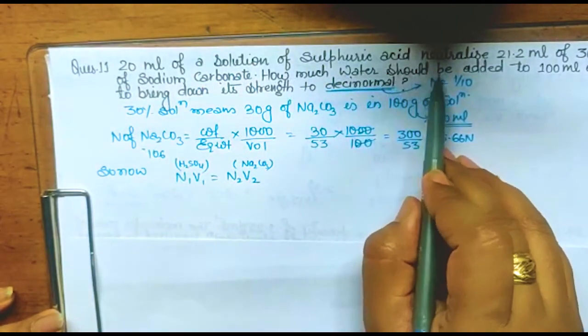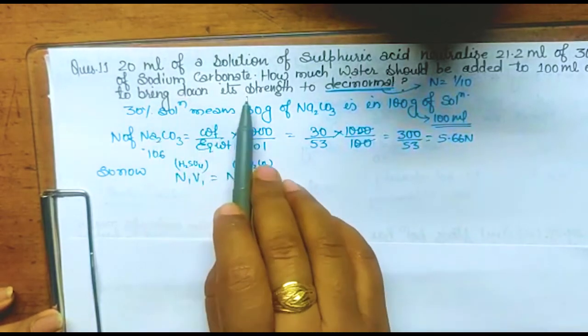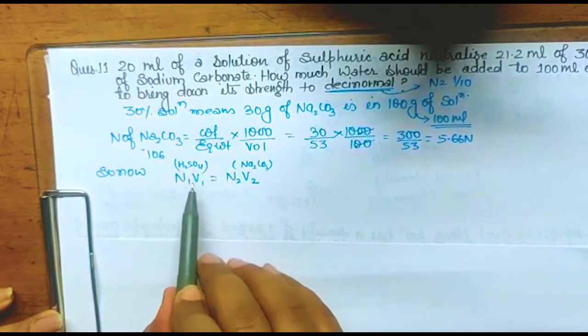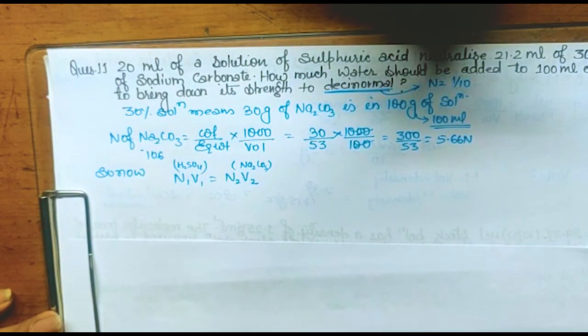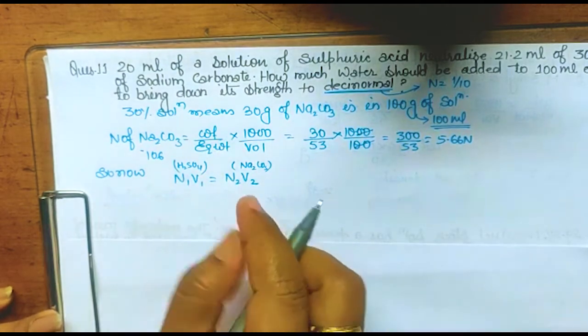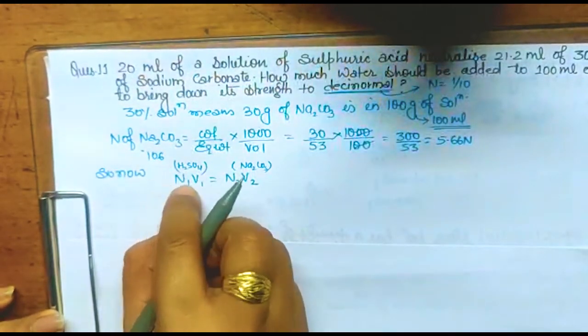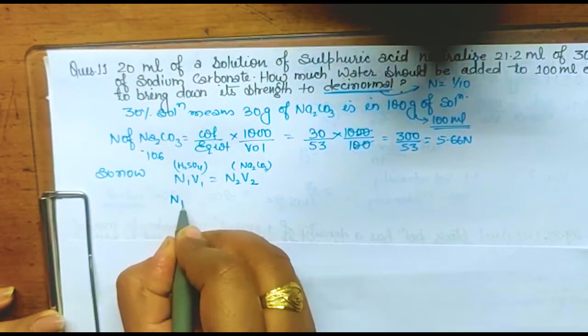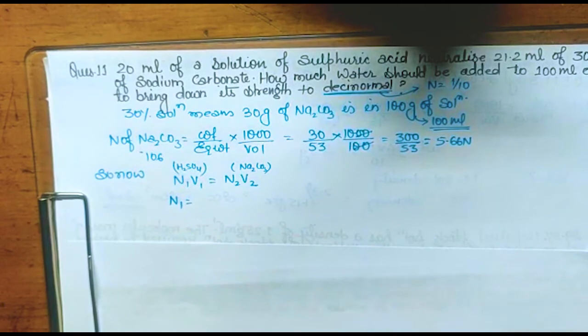How much water should be added to 100 ml of this solution to bring down its strength to decinormal? That is a condition where we add more water later so that its normality becomes 1/10. So first find the normality in this neutralizing case. So N1 we will find, and next case it will be N2.